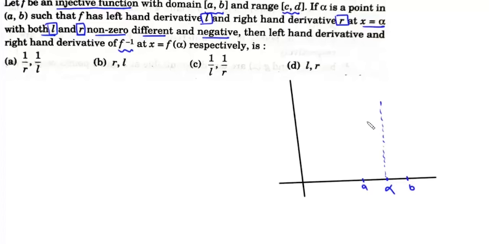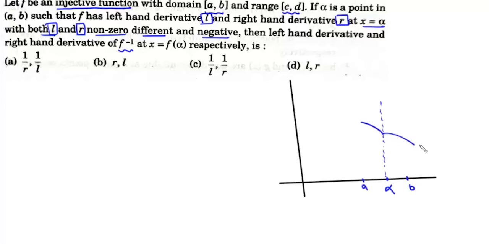So that means this function is decreasing in the left neighborhood of alpha. And the right hand derivative is R, which is also negative but different. So on the right neighborhood of alpha also, this function will be decreasing but with a different slope.